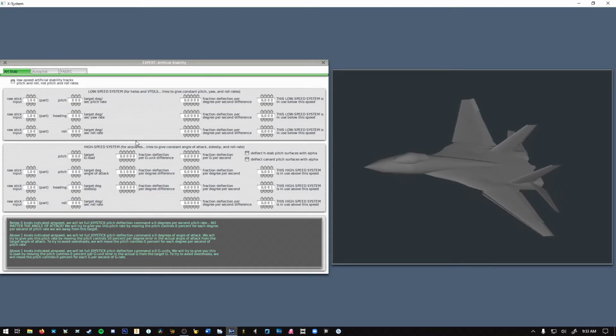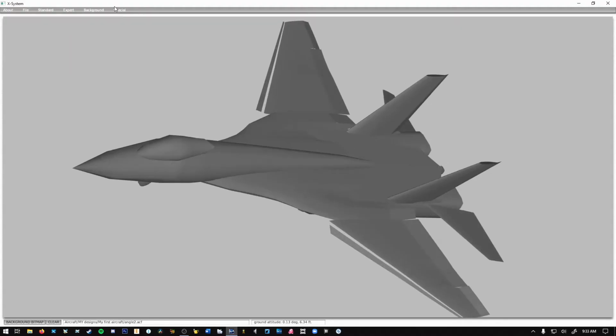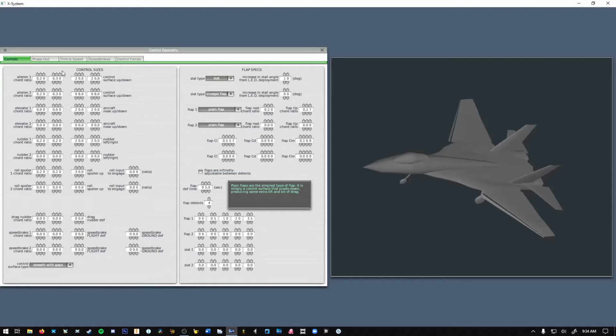So what I'm going to do is make a high-speed artificial stability system that will command an angle of attack.